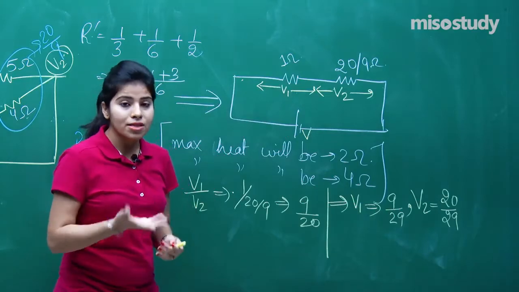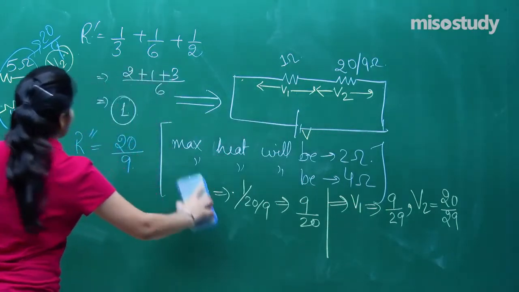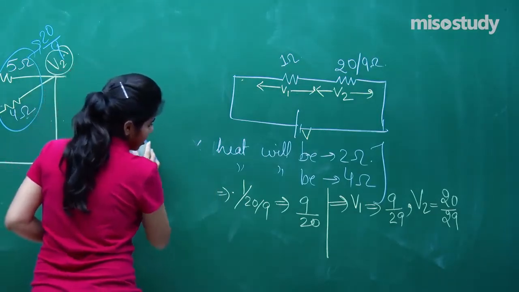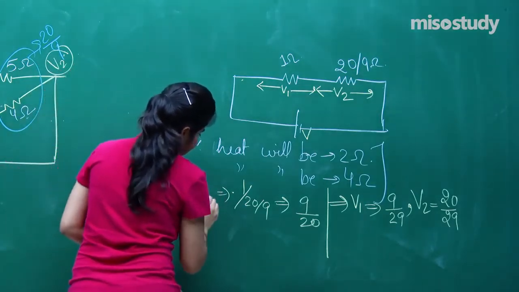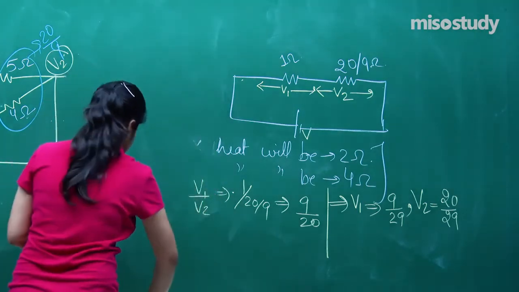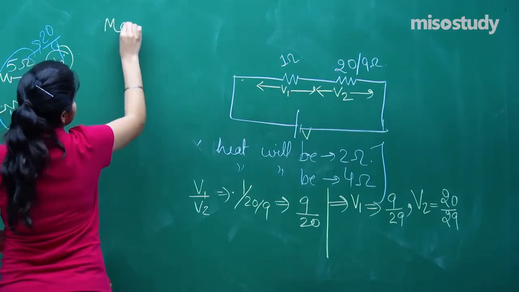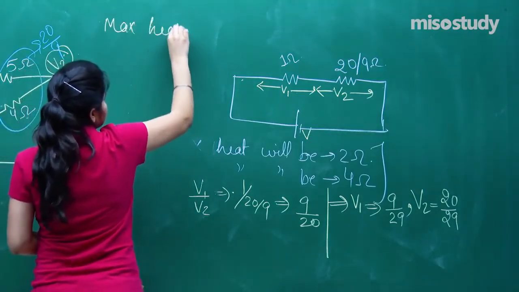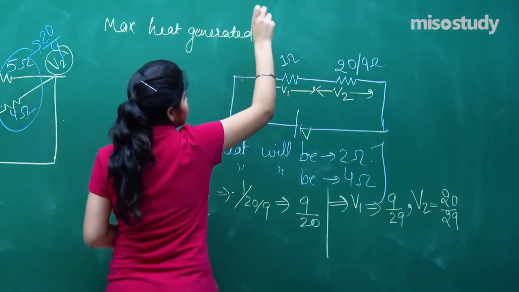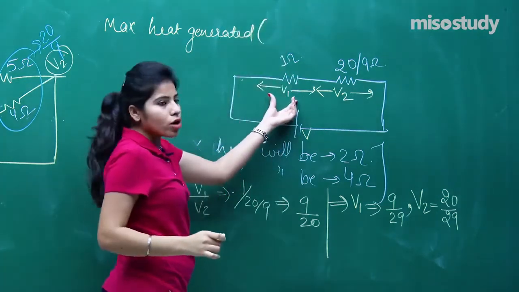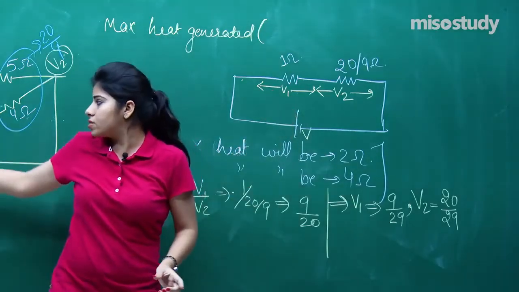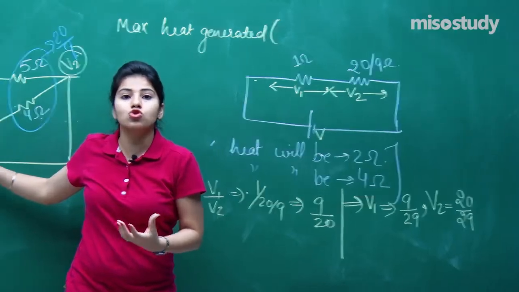To find out the maximum heat generated, I know the formula that I can apply easily. So the heat generated across 1 ohm, if I am talking about 1 ohm, that means I am indirectly talking about this particular resistor that I am left with, that is 2 ohm.